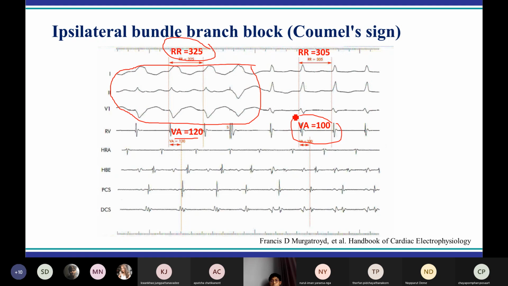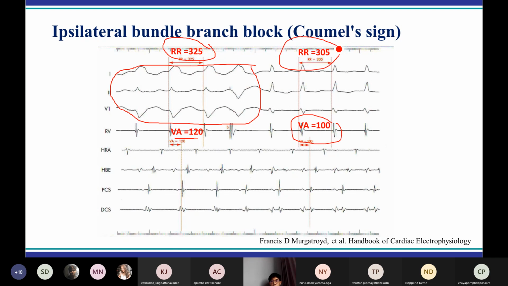It's because when the bundle branch block occurs, the signal has to detour into the other bundle branch and go back up to the accessory pathway. So the VA time and the RR interval are longer. And after the bundle branch block disappears, the VA time comes back shorter and the RR interval is shorter.